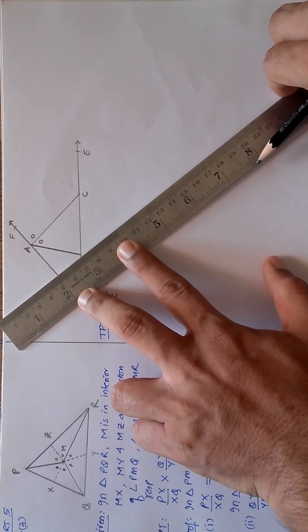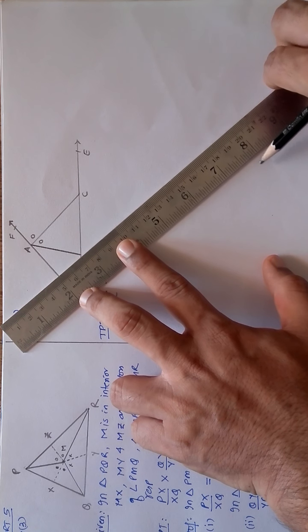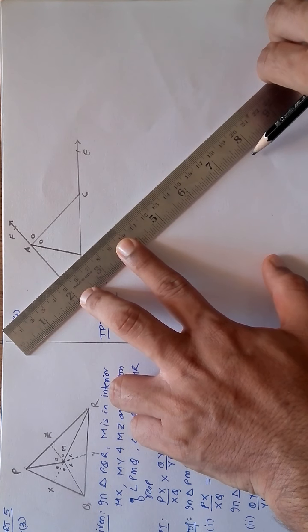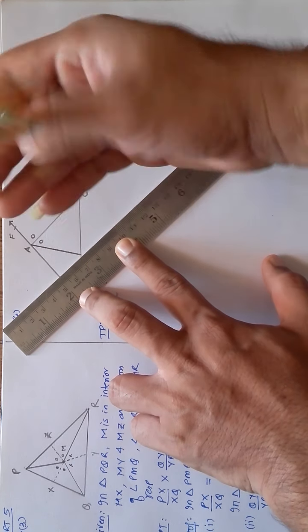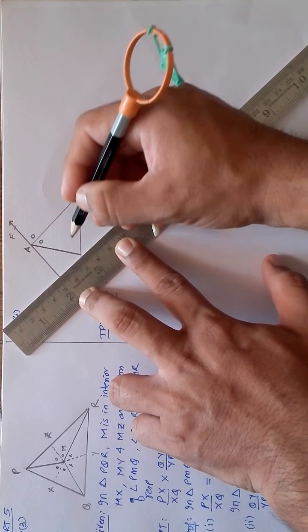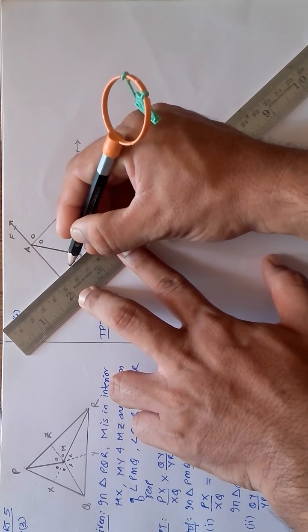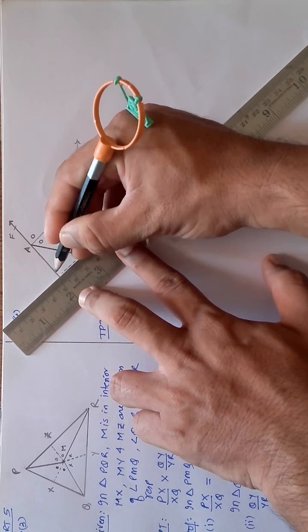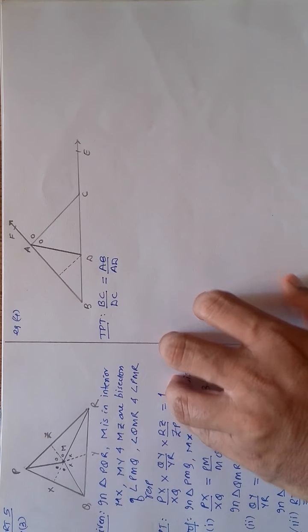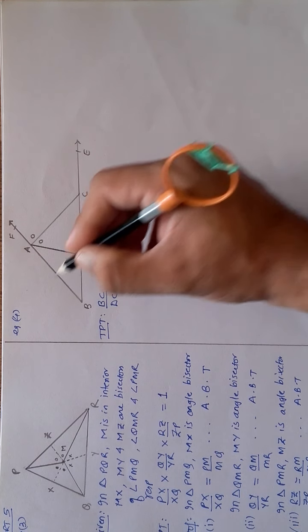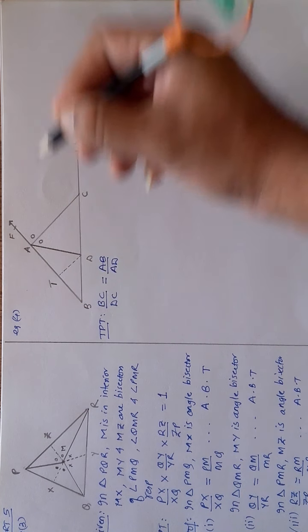That means I have to bring one parallel line over here. So what I am doing, I am drawing a parallel line to AC, considering AC as my third side, from this point D. So from D I am drawing a line parallel to AC. Here I am taking this point as T, suppose.